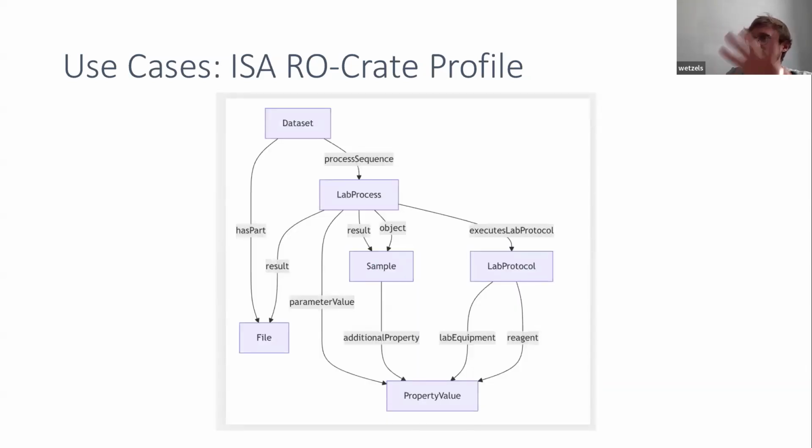Here we have the overall diagram representing the dataset as a whole. As you can see, LabProtocol and LabProcess are core ingredients together with the Bioschemas Sample, basically the three main types in how we annotate datasets.